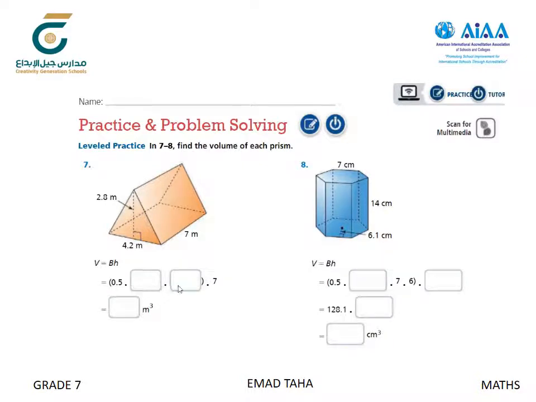So this area of the base times the height of the prism gives me the volume. Volume equals area of base times height. Here the height is 7, okay, and the area of the triangle equals half times 4.2 times 2.8.